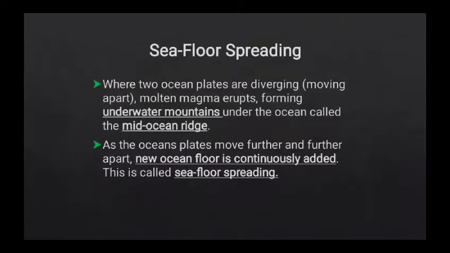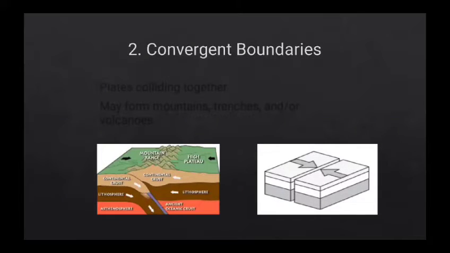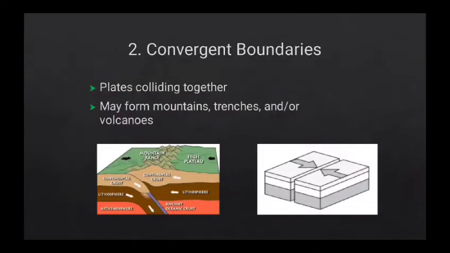Number 2, convergent boundaries. Plates colliding together may form mountains, trenches, and or volcanoes. So, yung convergent is nagre-result ng mountains, trenches, and volcanoes.